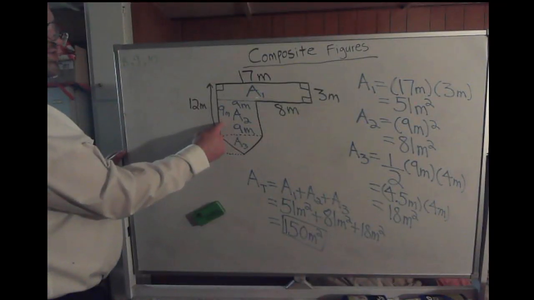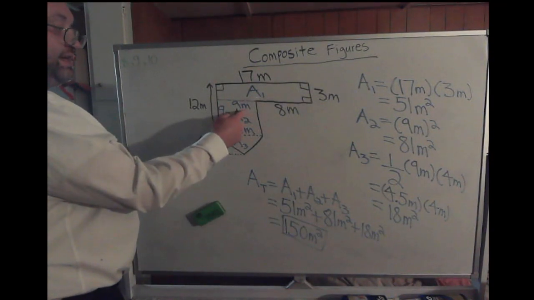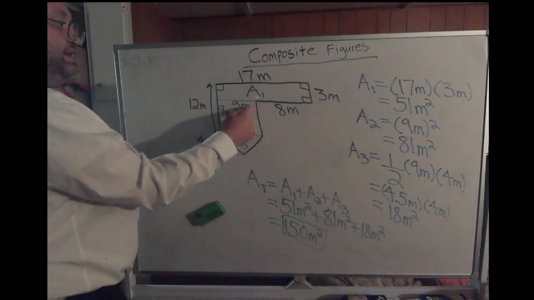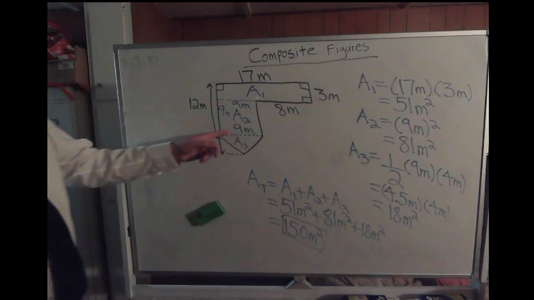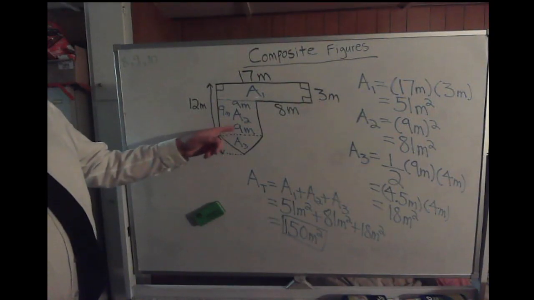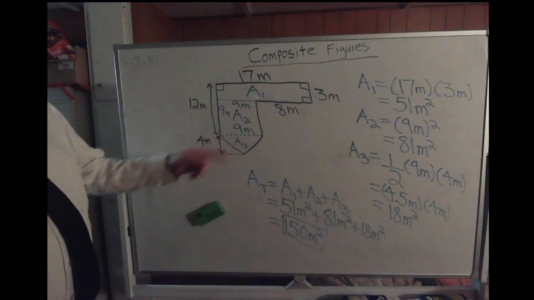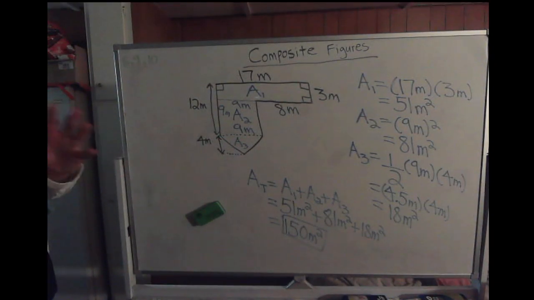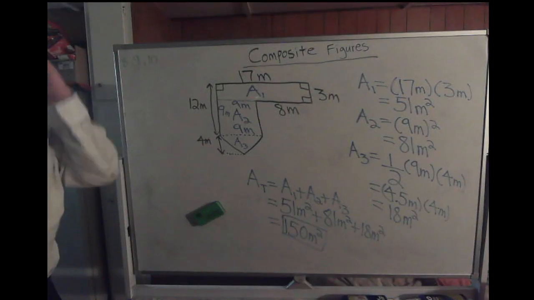Then we got the width of the square, or another side length. I just took 17 minus 8. I got that side being 9. Then, of course, we could use the fact that in a square, all 4 sides are congruent to give you the base of the triangle being 9 meters.